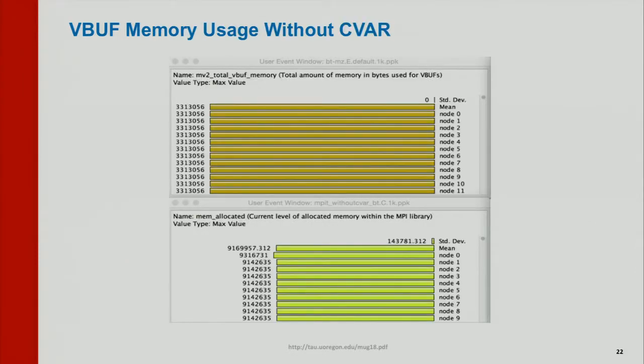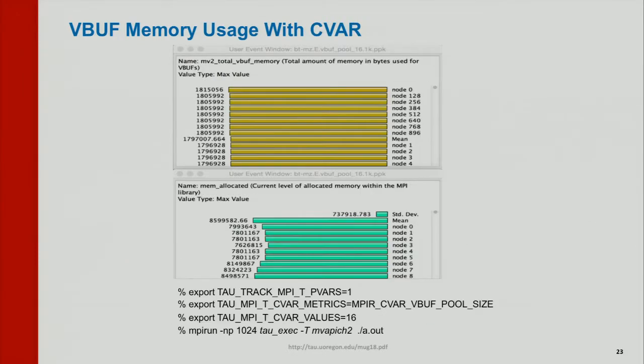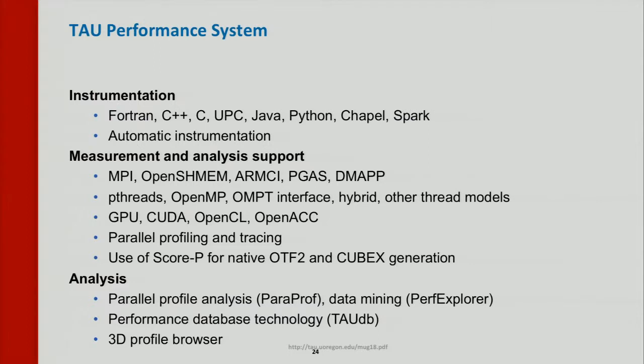Okay, here are examples that we have for use with or without the control variables, and you can see the difference in performance in these slides. And with that, I would just like to say that we have a very configurable measurement infrastructure, and this collaboration with the MVAPICH2 team has been very fruitful in effecting the integration of the performance tools with the runtime.